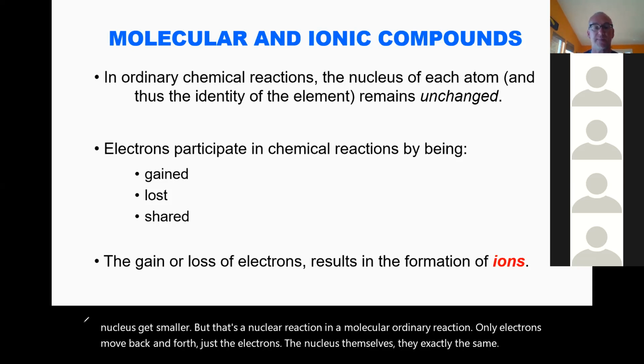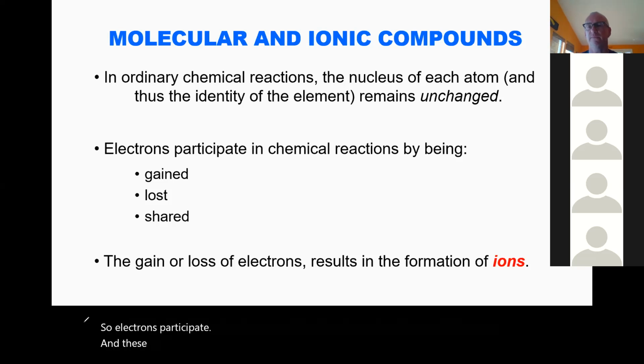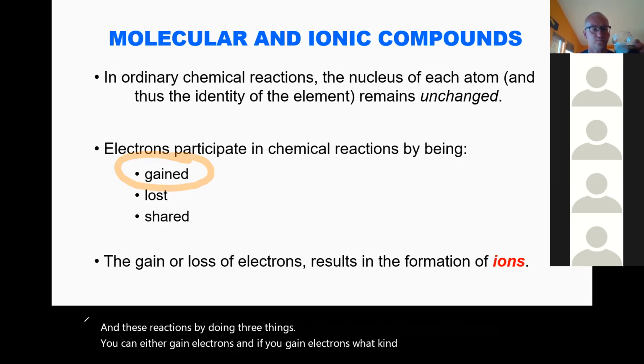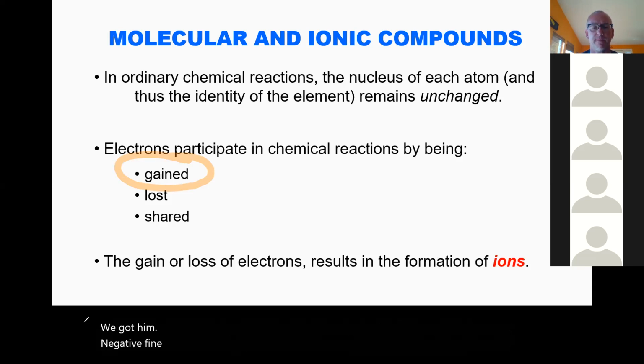So electrons participate in these reactions by doing three things. You can either gain electrons, and if you gain electrons, what kind of ion do you become? Negative. Negative ion, what do we also call them? You remember the name?